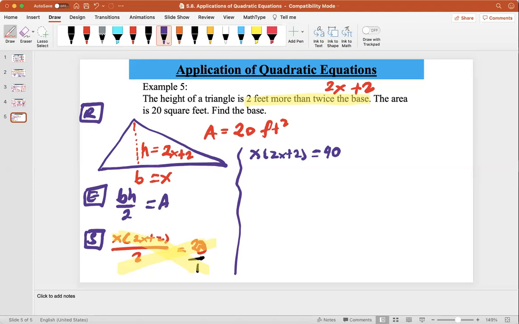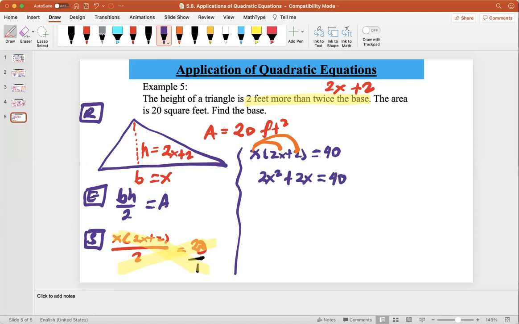By the distributive property, we can multiply x by 2x plus 2. X times 2x, you have 2x squared. And then x times 2 is 2x, and that's equal to 40.